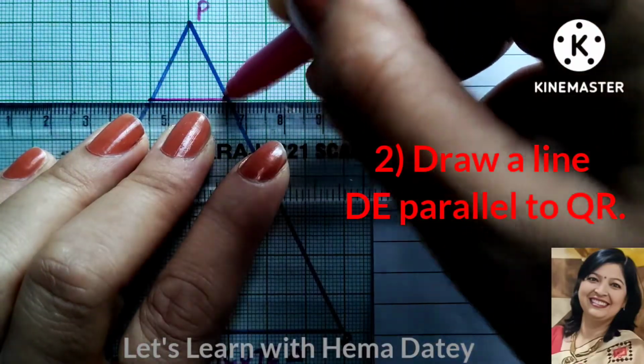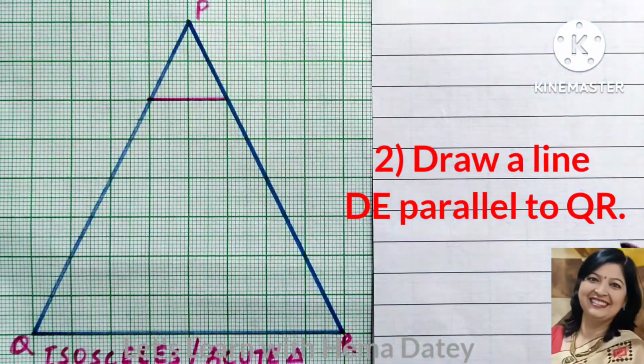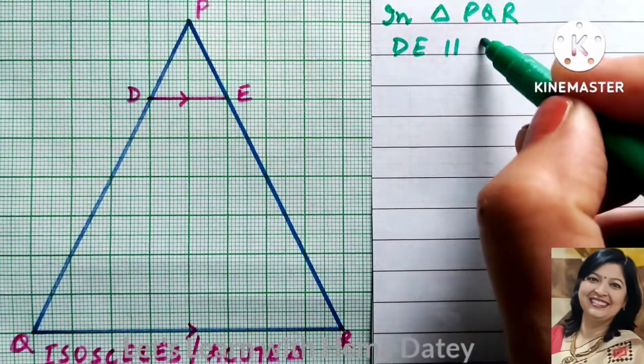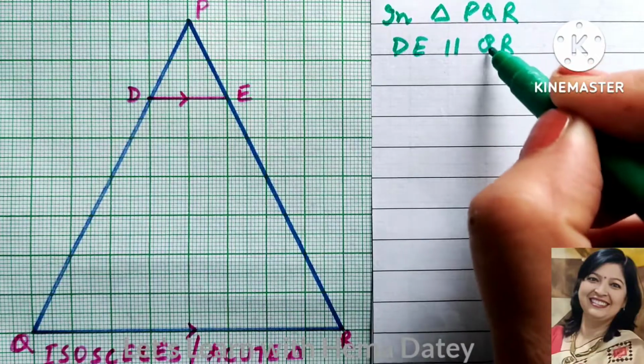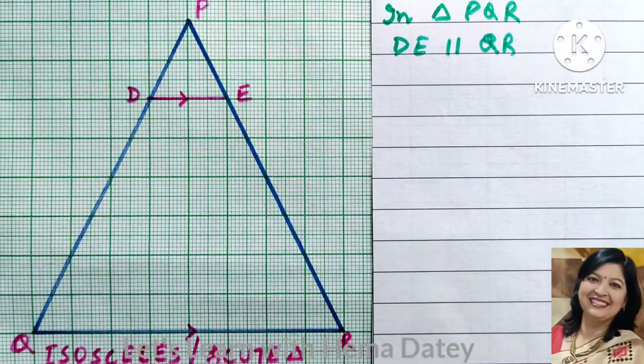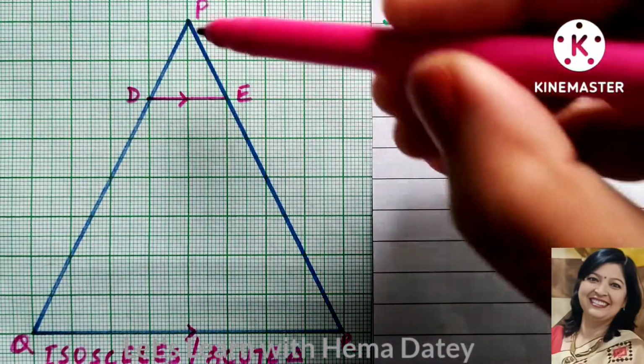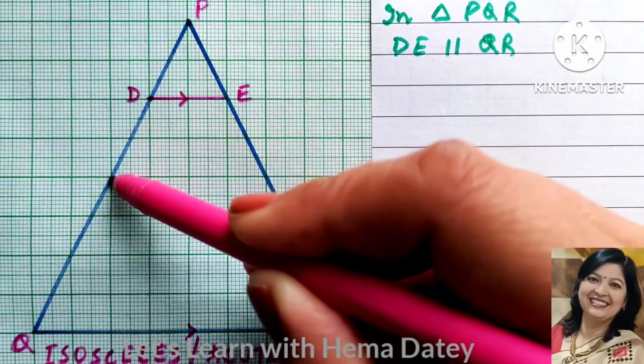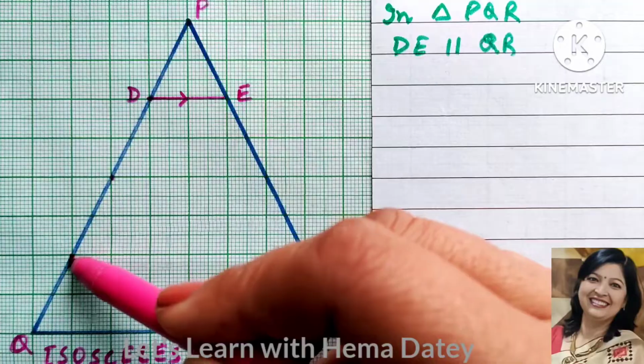Draw a line DE parallel to QR. Now in triangle PQR, DE is parallel to QR. Now let's find the ratio of PD and DQ. We can see 4 equal parts between PQ.